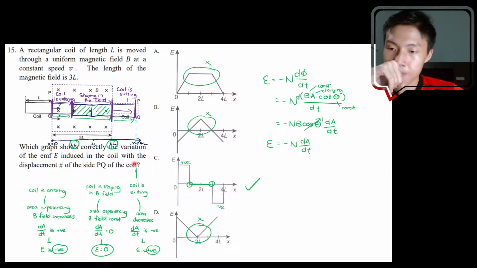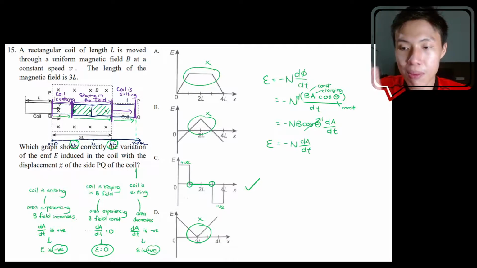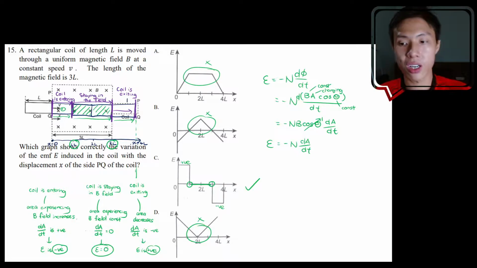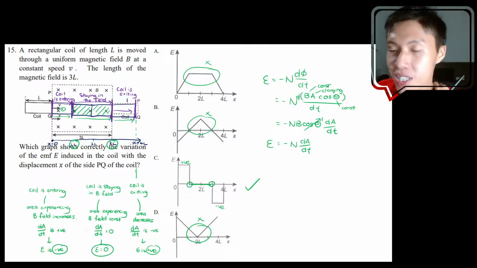How should I say it? Why is it opposite? Maybe it's because they set the area vector to be pointing out of the page. Is it because they set it out of the page?